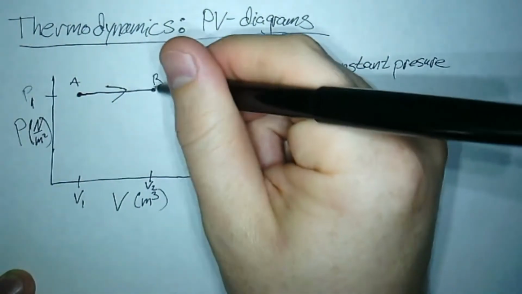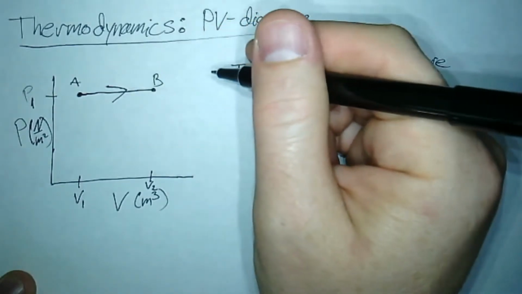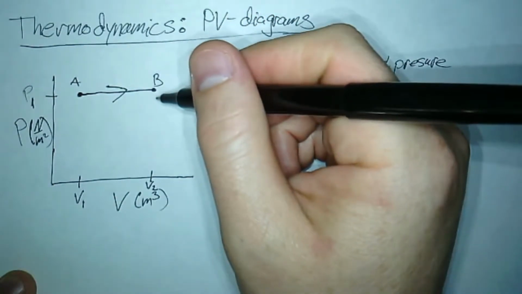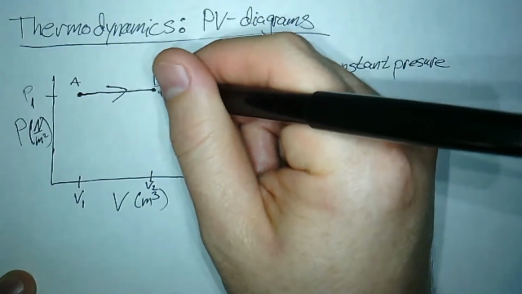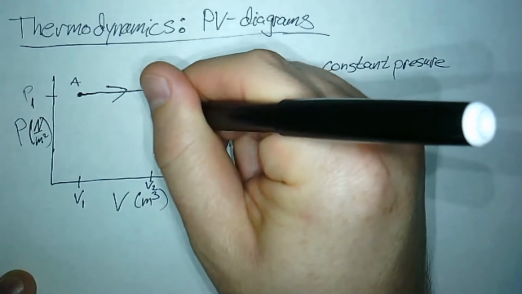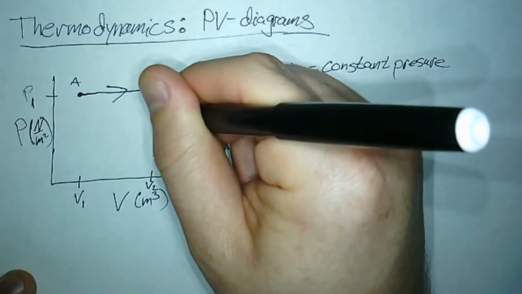And then what if your gas is going to contract? I'm sorry, I didn't do contract. I did expand isobarically because it's constant pressure. Now the pressure is going to reduce, and it's going to reduce while your volume stays constant.